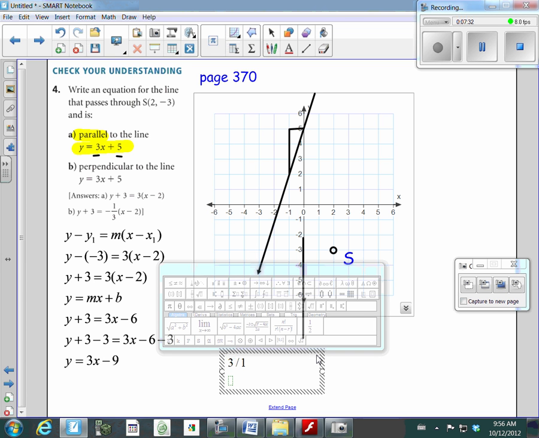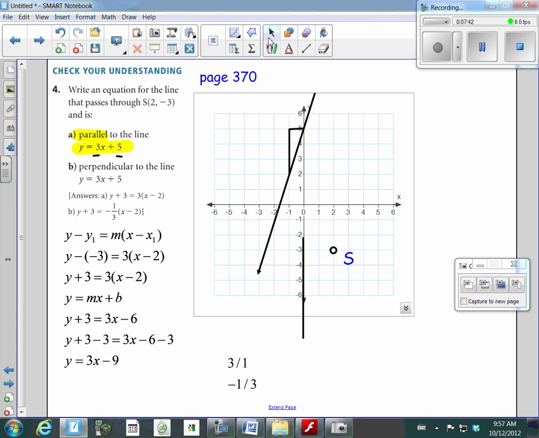Well, its negative reciprocal, or opposite reciprocal as we call it, would be negative 1 over 3. You flip the fraction over and you take its opposite sign. So 3 over 1 and negative 1 over 3 are what we call opposite reciprocals, which means that they are perpendicular to one another.